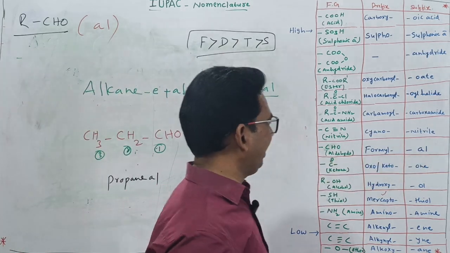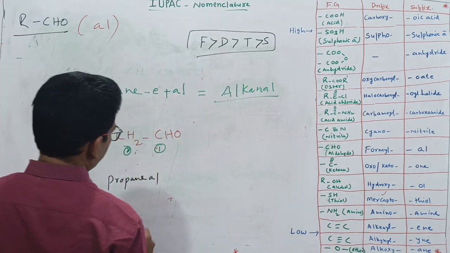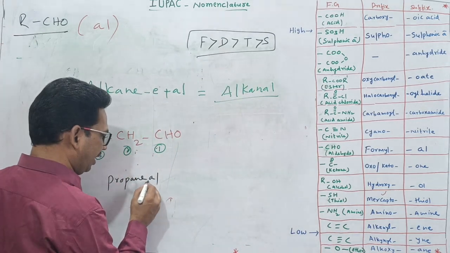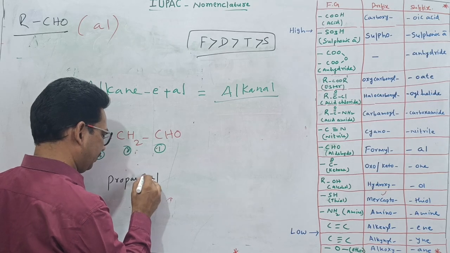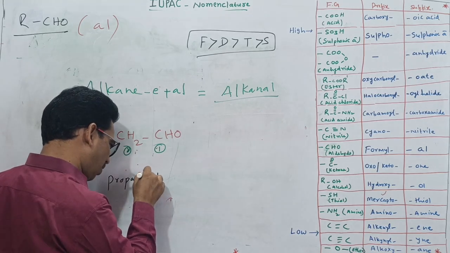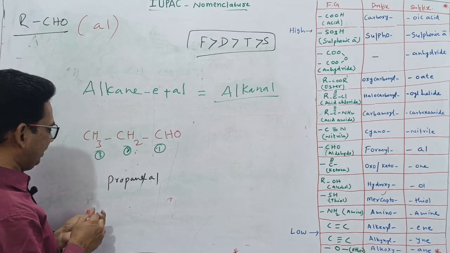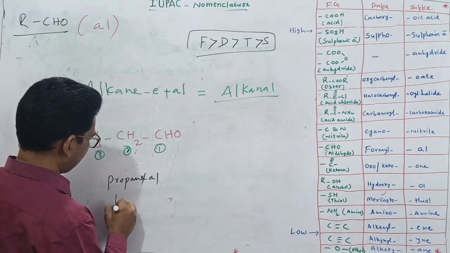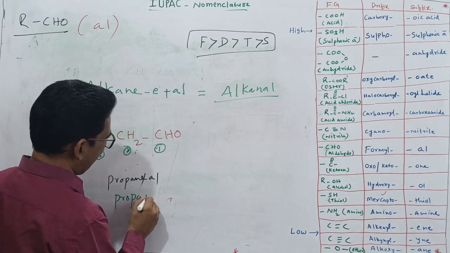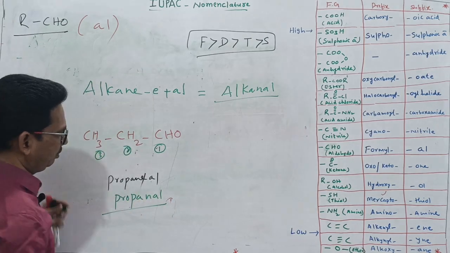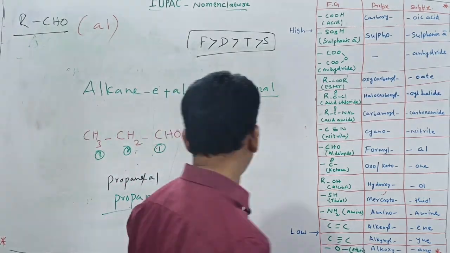Here. Suffix is al. Then E and A come together, both vowels. The first vowel we have to omit. Then what name will come? Propanal. Is it?